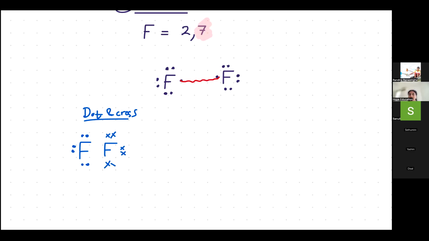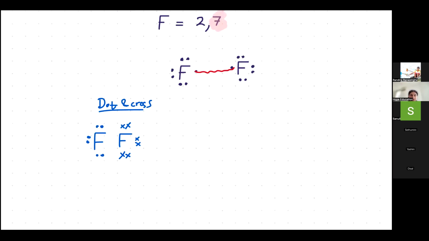The bond is formed by one electron from this atom and one from that atom joining together. So that would be like this. This is the dot and cross.